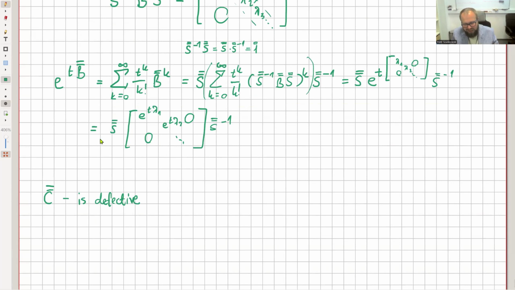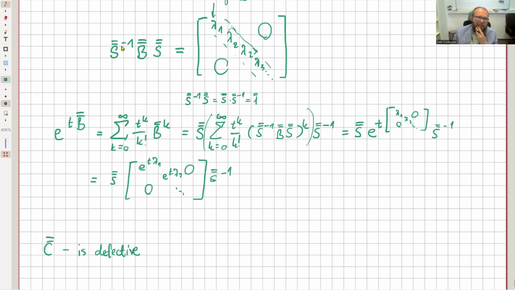We want to calculate the exponent of this guy here. So as it turns out, there is a way of finding a transformation that won't diagonalize your matrix C, but it will bring it as close as possible to this very easy diagonal form with which you can calculate a lot of functions.